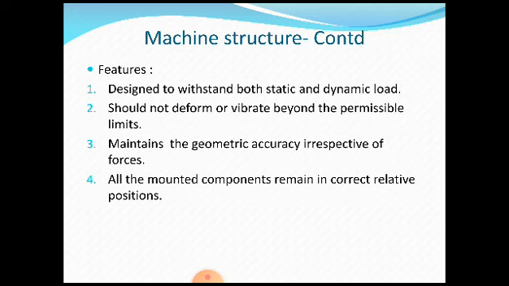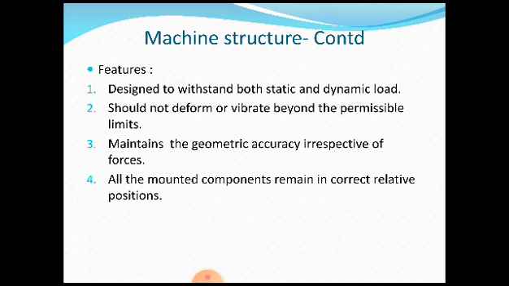The machine structure should be designed in such a way that it should not vibrate whenever any operation is being carried out. That is the main significance to be considered by the design engineers. It maintains geometric accuracy irrespective of the forces. This is also very important. The entire machine structure of a CNC machine supports all the important elements.